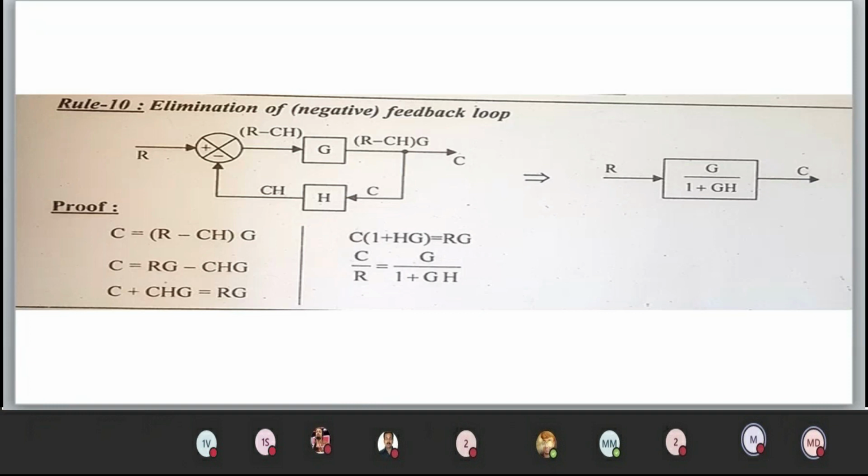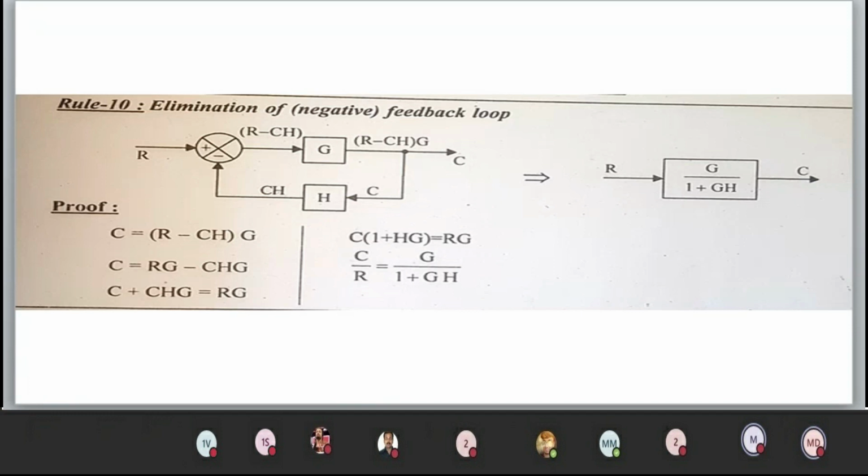We are coming to a very important rule, elimination of feedback. Okay. What do you mean by feedback first? If some percentage of the output is fed back to the input for correcting a certain error, we call it as feedback.